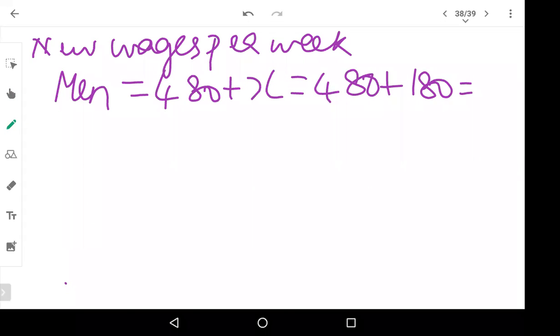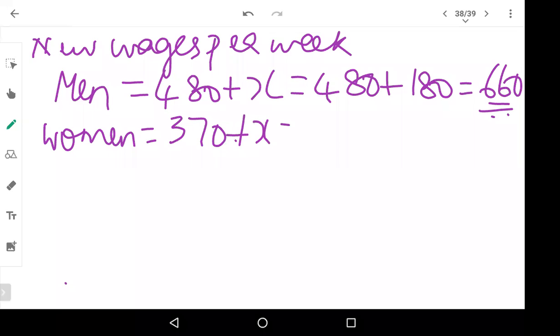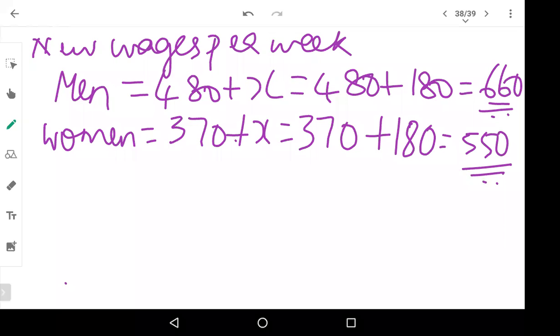How much do you get? 660. Okay, 660 is the amount that they get. Then for women, it was 370 plus X, 370 plus 180. Let me rewrite this again, you can get confused. 370 plus 180, 550. So these are the new wages.